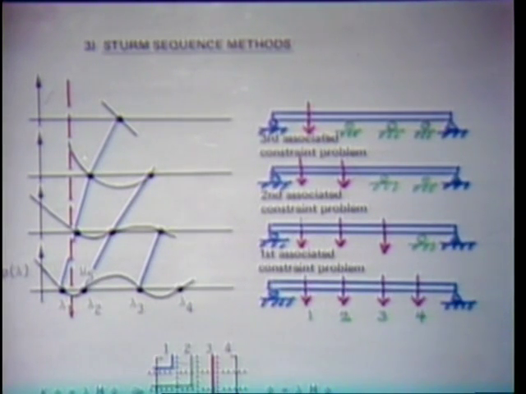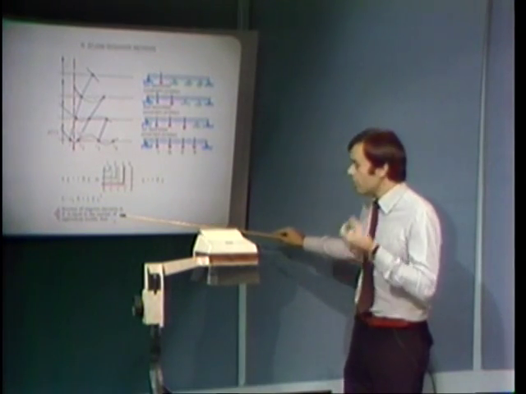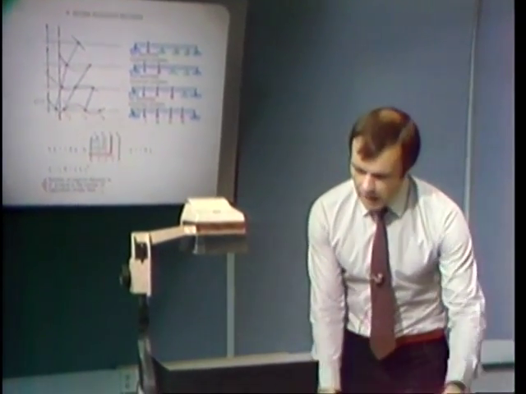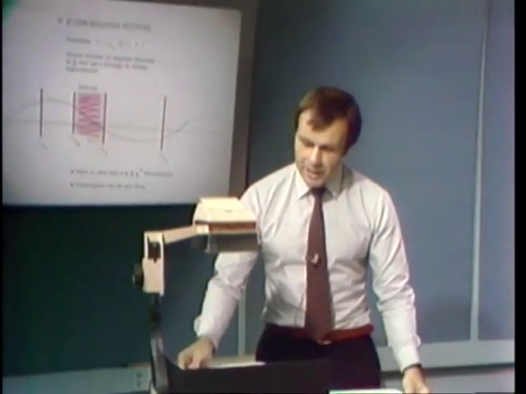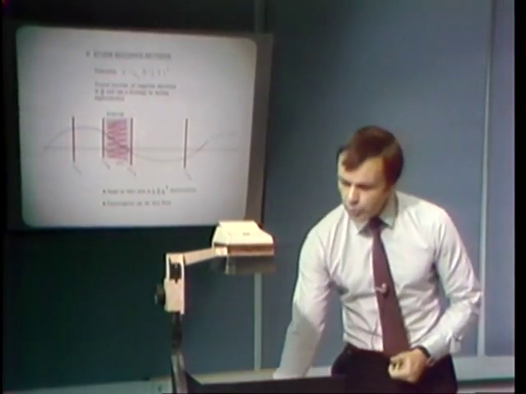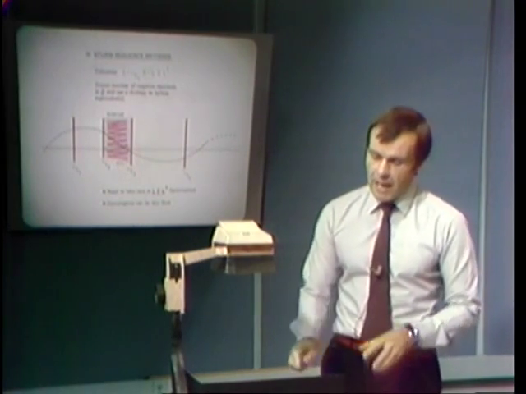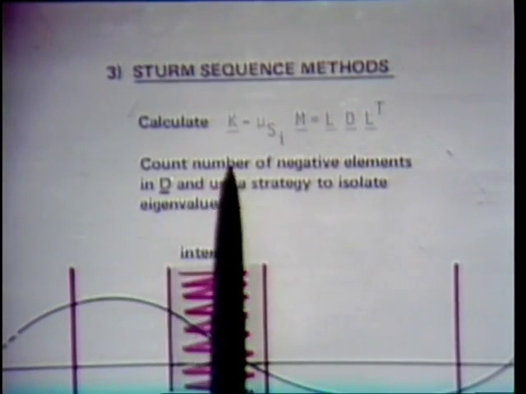That result is used to derive this final result, which we use effectively then in the eigensolution. And the class of techniques that we are referring to using this fact are the Sturm sequence methods.